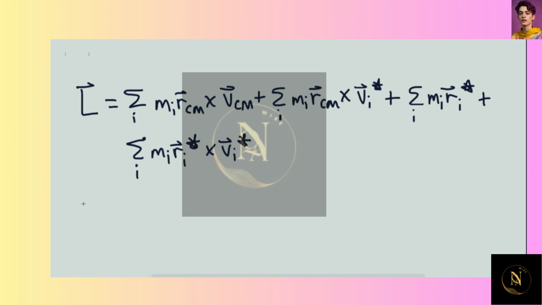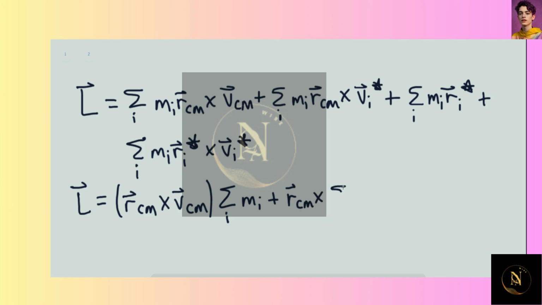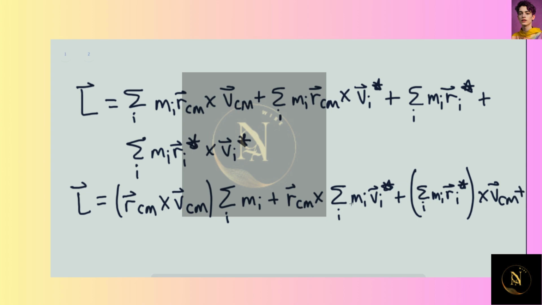So we can say that here the angular momentum vector would be equal to the position of the center of mass cross product with the velocity of the center of mass times the sum sub I of m sub I, plus r sub cm cross product with the sum sub I of m sub I v sub I star, plus the sum sub I of m sub I r sub I star, with the cross product of the velocity of the center of mass, and then plus the sum sub I of m sub I r sub I star cross product with v sub I star.